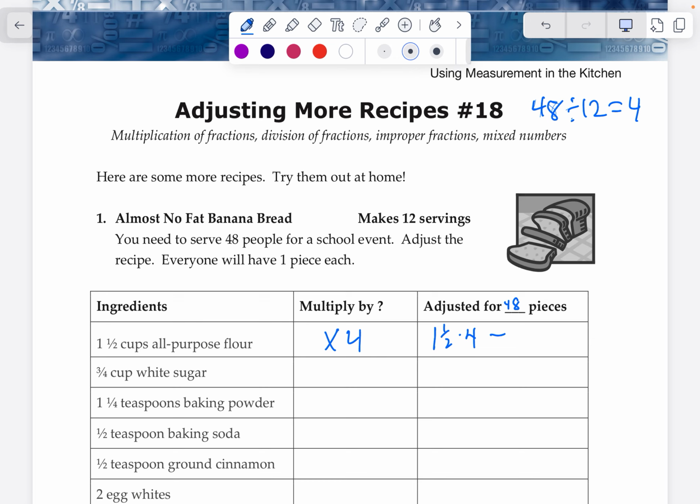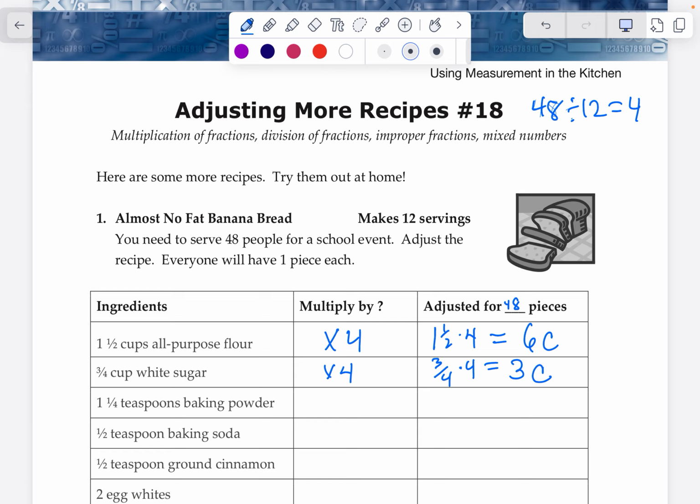And it's equal to 6. So you need 6, and don't just write 6. You have to tell me 6 cups. So please put the abbreviation or the word cup so that you know that it's 6 cups. Okay, so if we multiply this by 4, 3/4 times 4 is 3 cups.